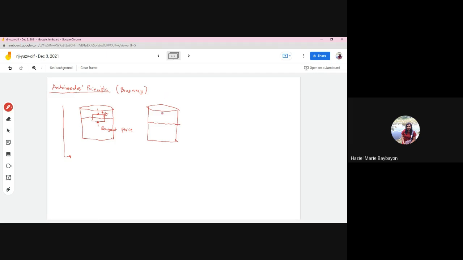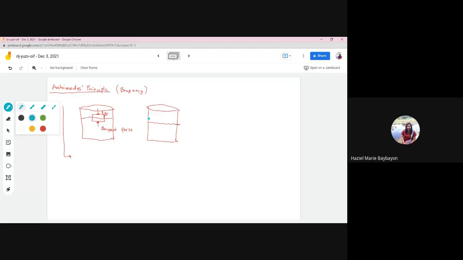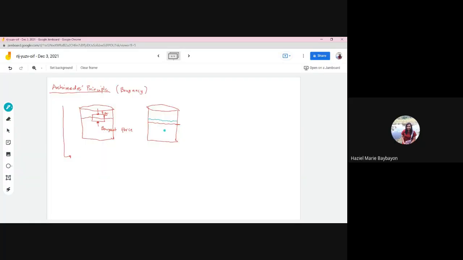Now if you put something into this water here, there is a change in the volume of the fluid, because the object you placed here will occupy space in the fluid.